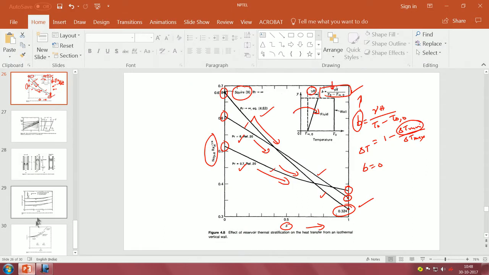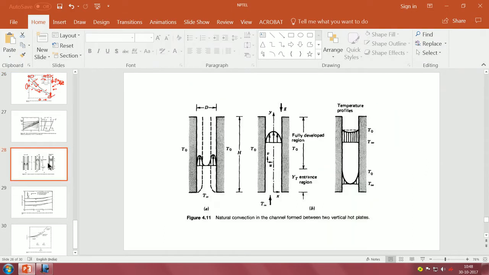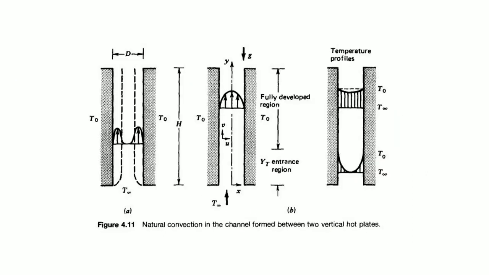So, before looking at it, let us look at what I am actually talking about. Let us look at this particular profile. As you can see, this is the normal vertical wall that we are actually dealing with. What happens if you place another vertical wall right next to it?